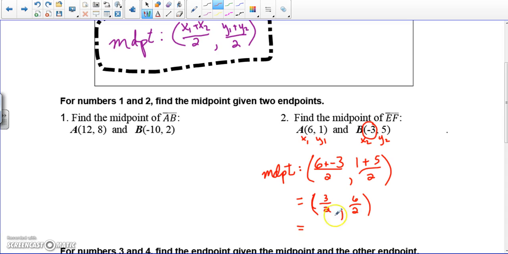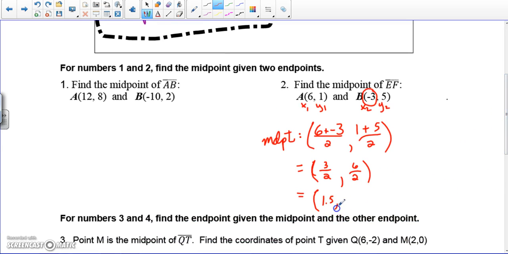And we can simplify. 3 over 2, you can leave that as a fraction. If you want to call it 1.5, you can. Both would be correct. And 6 divided by 2 is just 3. There's your answer. Don't add anything together. Don't combine those numbers. That's your answer.